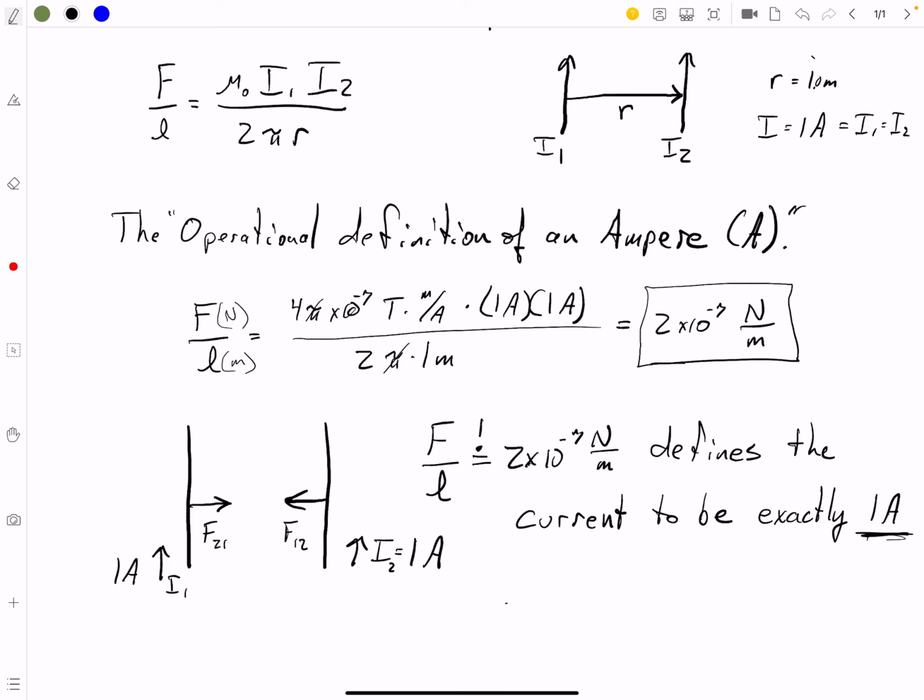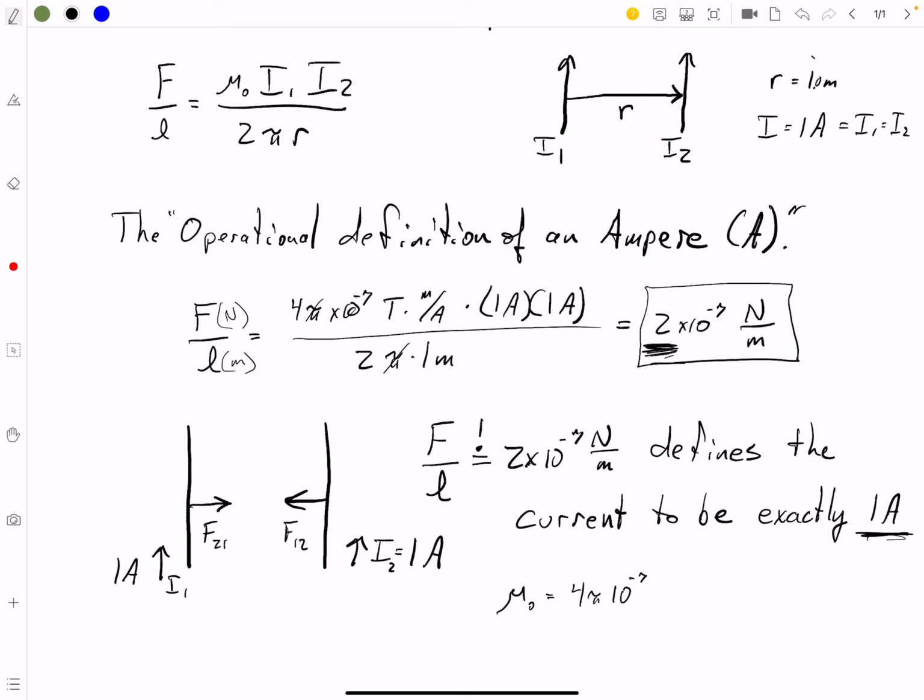So that's also where that definition of mu naught comes from. Mu naught is equal to 4 pi times 10 to the minus 7. It has to be 4 pi because when you divide the 4 pi by 2 pi, you get the 2, right? And that's what we need.